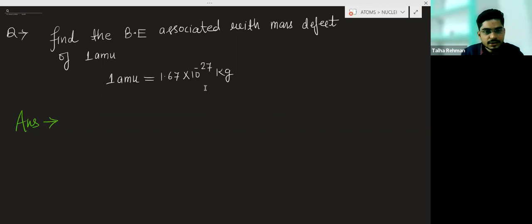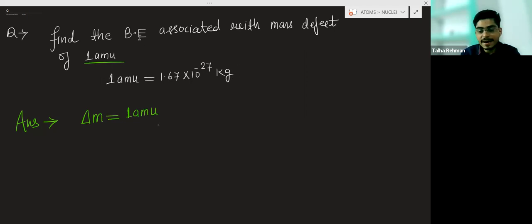They are asking, find the binding energy associated with a mass defect of 1 AMU. Meaning what is given? Delta M is given as 1 AMU. And it is given in the question that 1 AMU is equal to this much of kg.